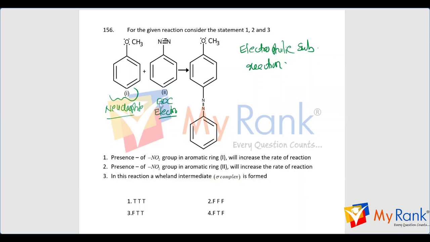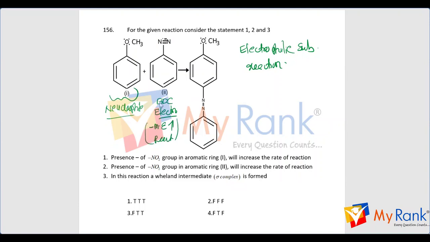Now here the electrophile attacks at the para position. The reactivity of the electrophile can be increased by which group? The minus mesomeric effect group will increase the reactivity.